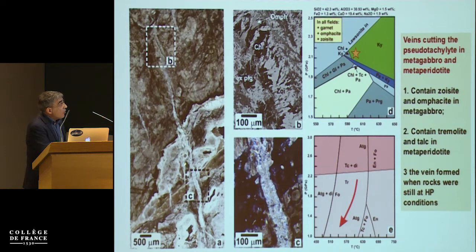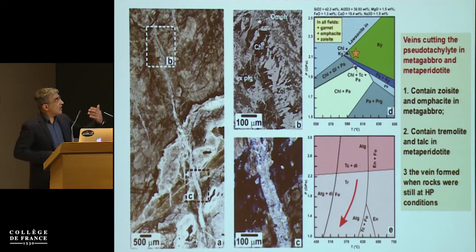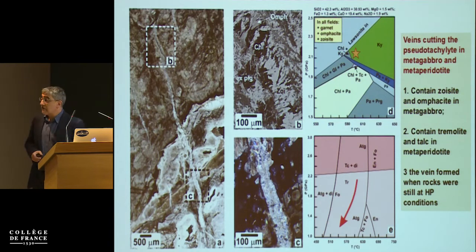When it cuts through the ultramafic part of the sample, it contains talc and tremolite, which is exactly what we find on top of the magmatic olivine. So this is truly a high-pressure vein that cuts through the pseudotachylite, and this seals this subduction earthquake event under eclogite-Facies conditions.